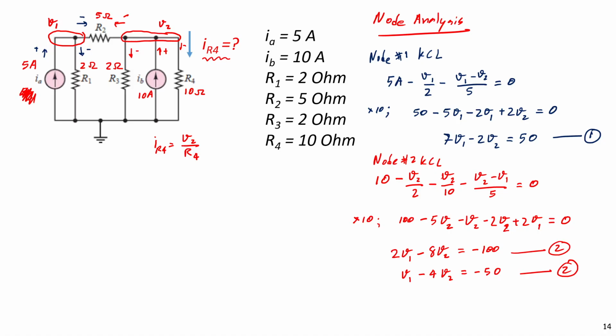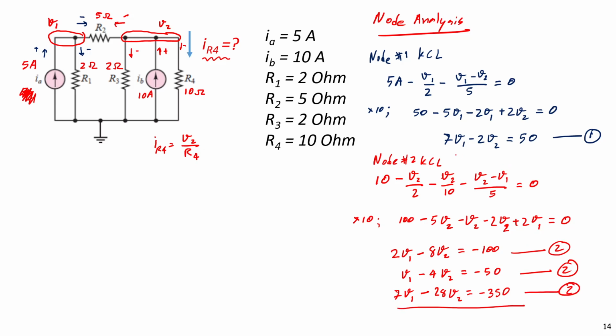To solve, we multiply this equation by 7, so 7V1 minus 7 into 4, 28V2, equal to minus 350.